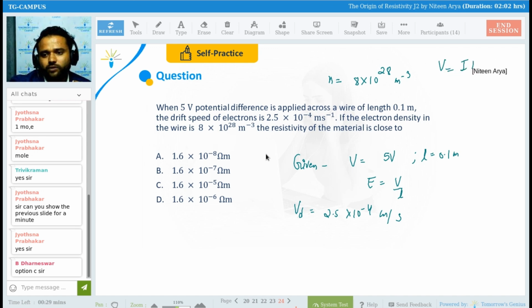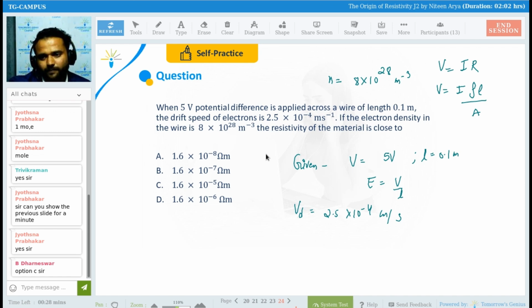Now with this, V equals IR, and simply I equals nAVD. We have n, but we don't have A. So how can we get A, or what do we need to find? Resistivity. Put V equals I rho L by A. Now I guess we have everything.